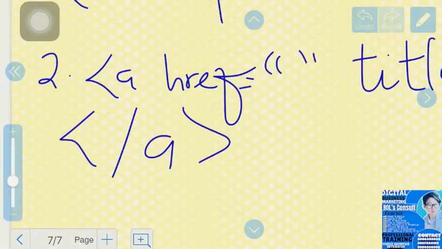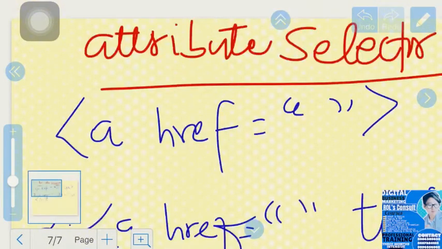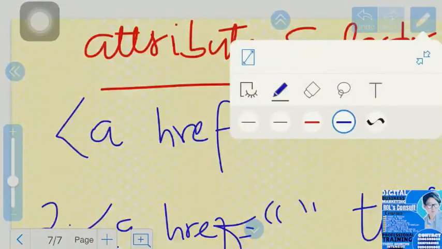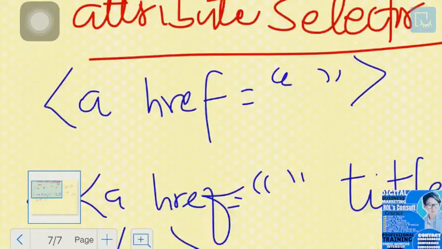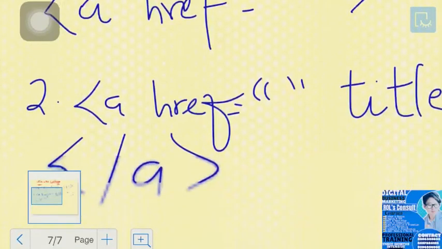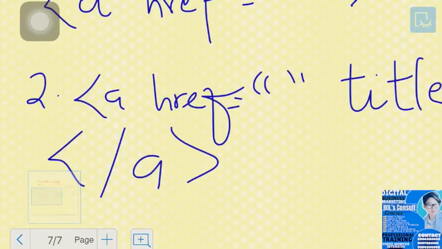I hope you are getting it. Now this is what we have. Our first one, we have a, then href, and its value over here. Second, we have a and href.